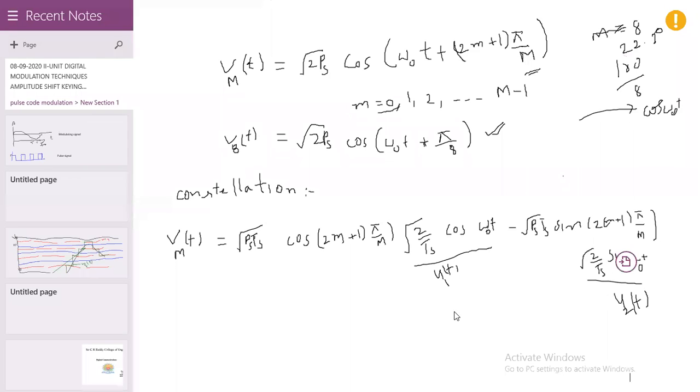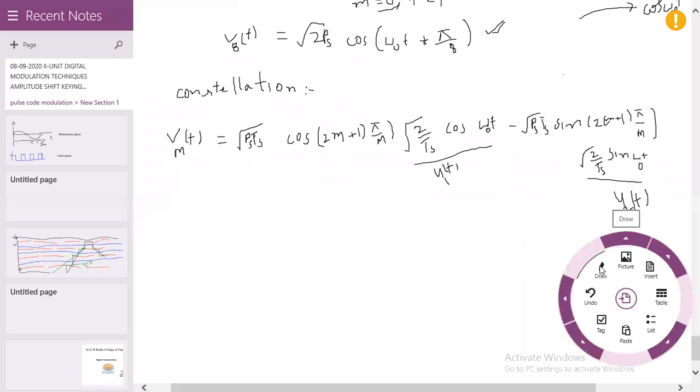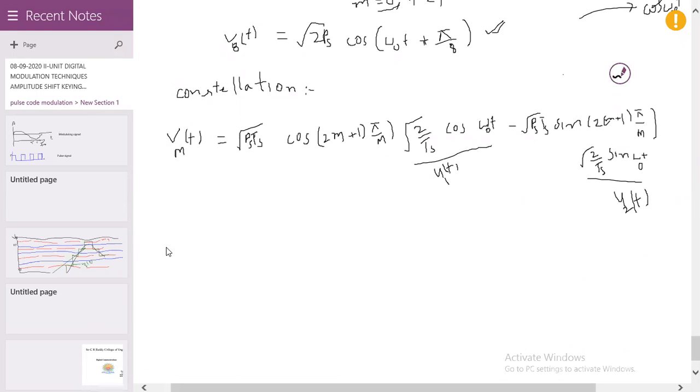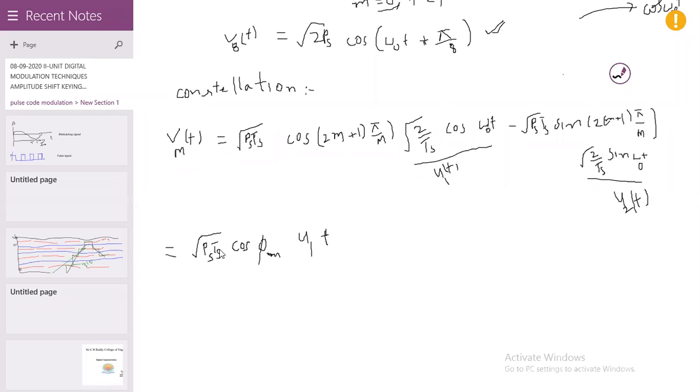So then again, to simplify this equation, root of Ps Ts cos pi by m for the sake of simplicity, and here u1 of t, minus root of Ps Ts sine pi by m u2 of t.